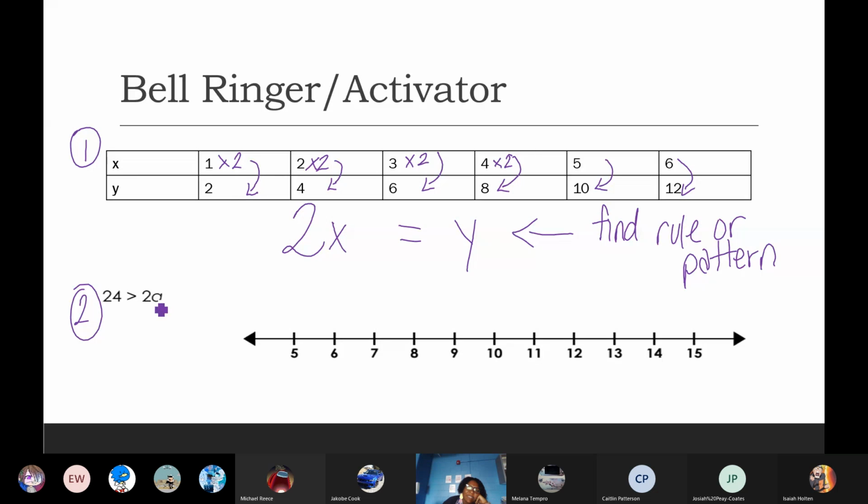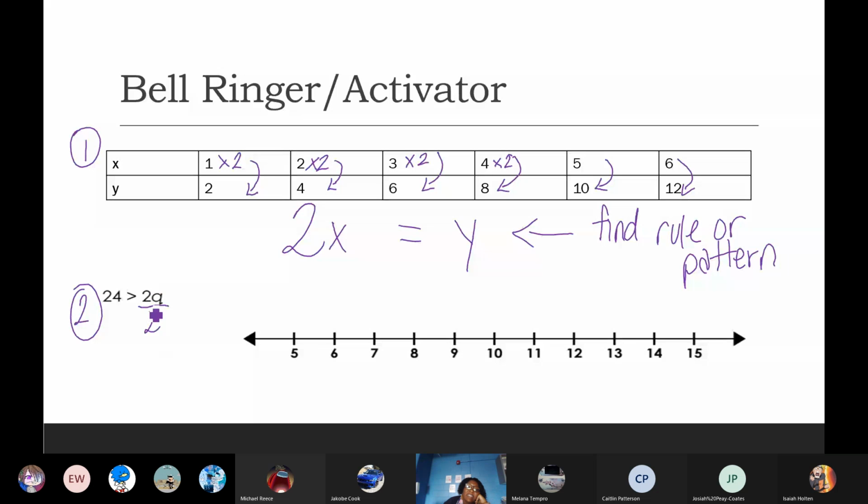Jacoby, what's the opposite of multiplication? Division. Yep. So if I'm multiplying by 2 here, to isolate my variable, I have to divide by 2. Go ahead and mute yourself, Jacoby.